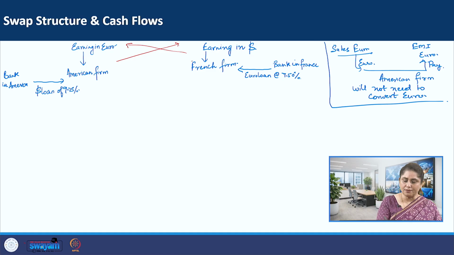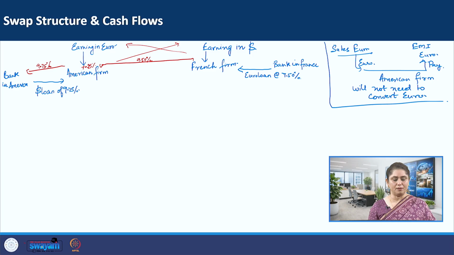Now, this French firm will pay 9.50% to the American firm. The American firm will add 0.25%, and it is going to pay how much? 9.75% to the bank in America.